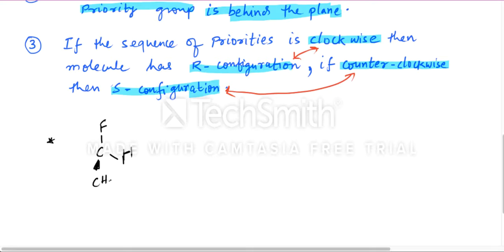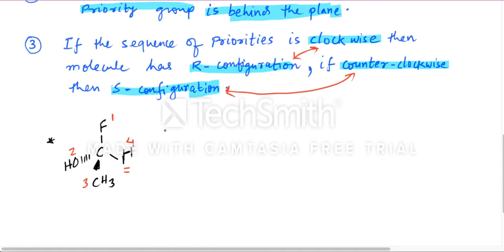Suppose I take this molecule, any molecule which has a chiral carbon. Now if you assign the priority, then fluorine must get first priority, then oxygen, then carbon, then hydrogen. So we are done with the first step. The next step is to place the least priority group behind the plane, but the least priority group is not behind the plane.